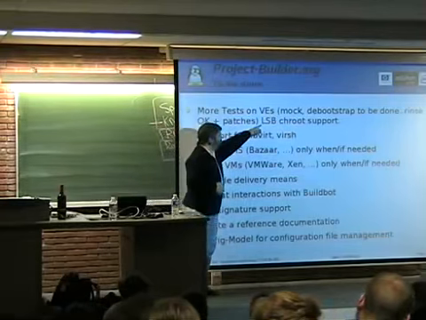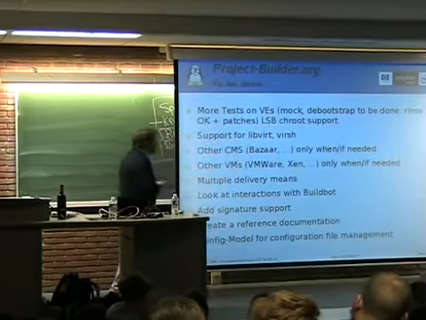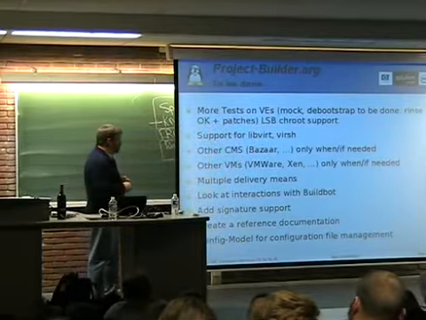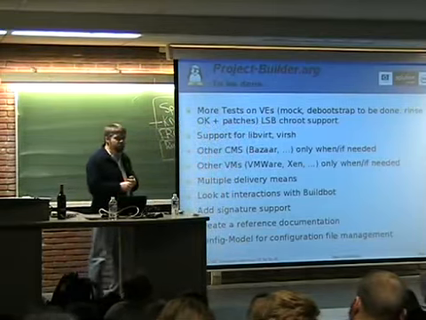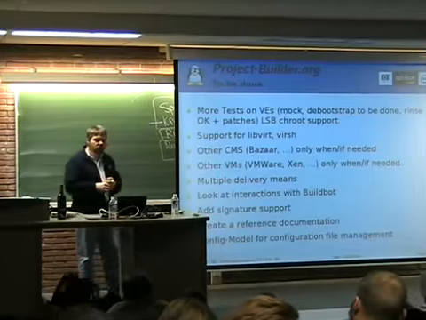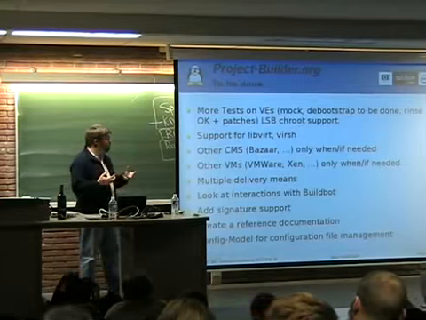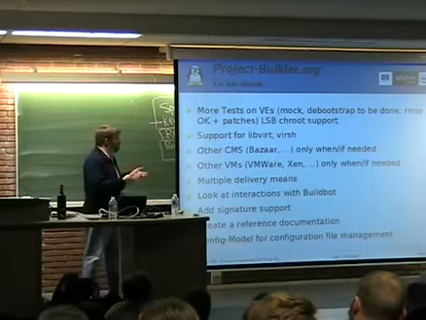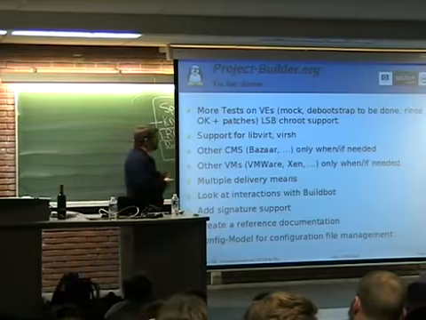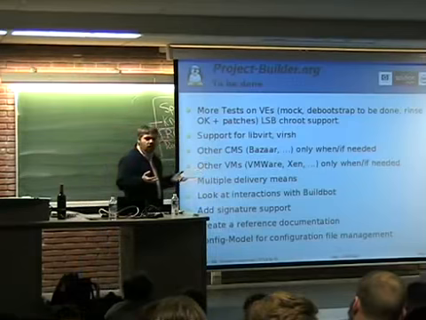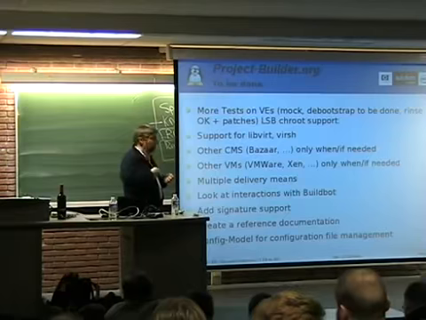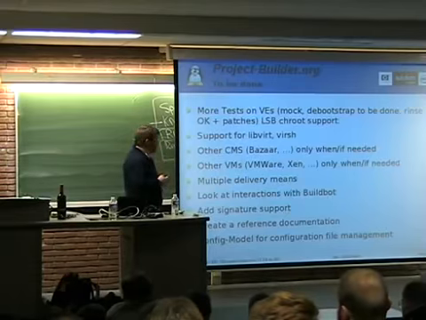What I need to work on, and I've seen that also in one of the previous presentations, is LSB chroot support. The LSB chroot provided by the Linux Foundation is a bit insufficient in terms of the tools they are providing. There are a lot of libraries and modules that are not available in the LSB chroot that would need to be added before Project Builder is able to run in the LSB chroot itself. This is not the case with a fully complete distribution, because even if there is something missing, Project Builder will download what is missing to have it working automatically.